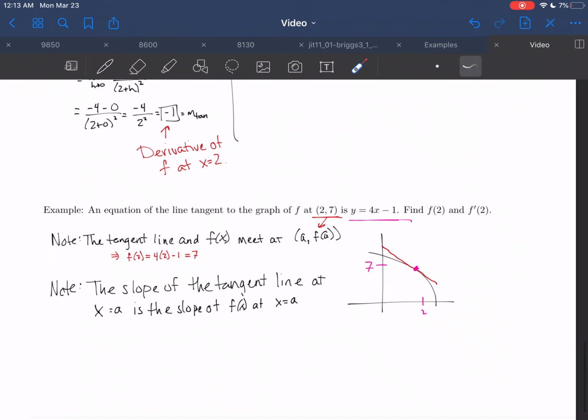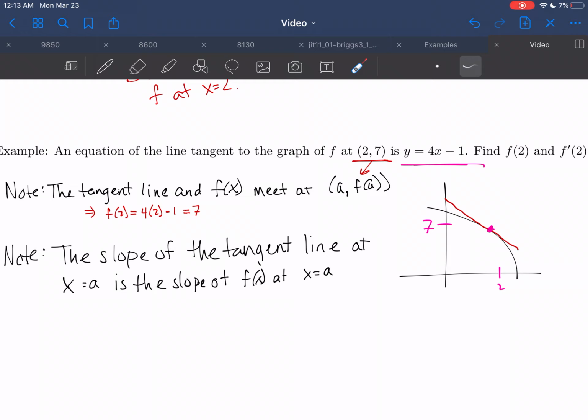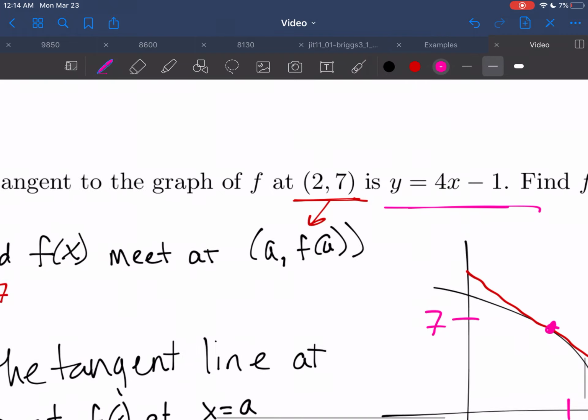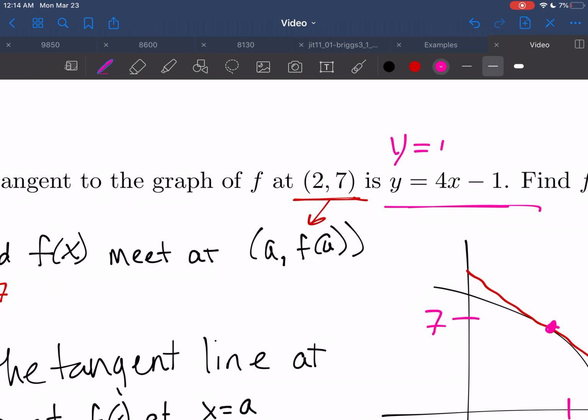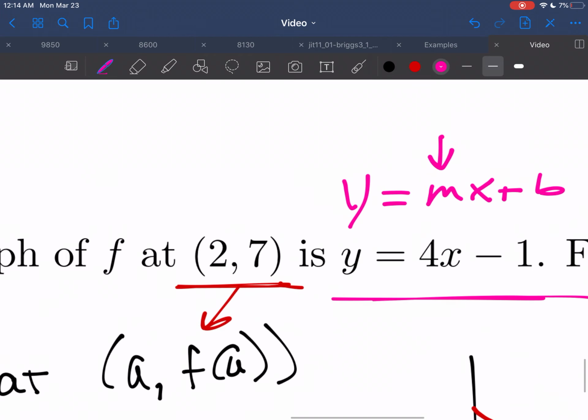Well, what did this problem give us? Well, they gave us our tangent line equation. So that means that my slope, which in this case is 4, okay, remember y equals mx plus b, where m is your slope.